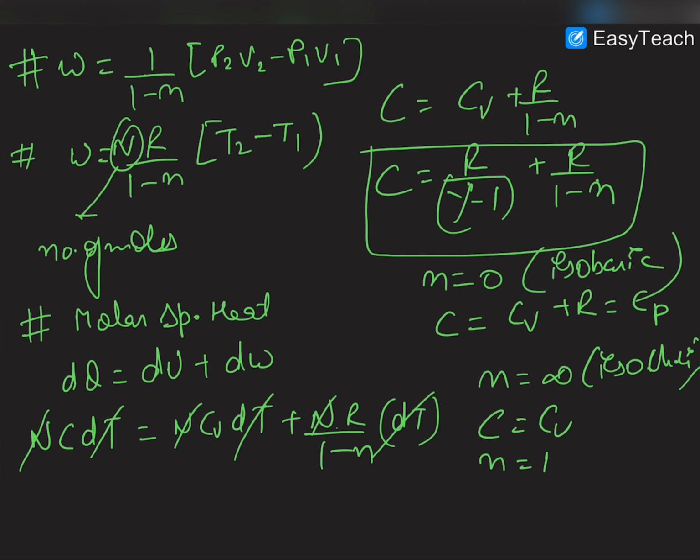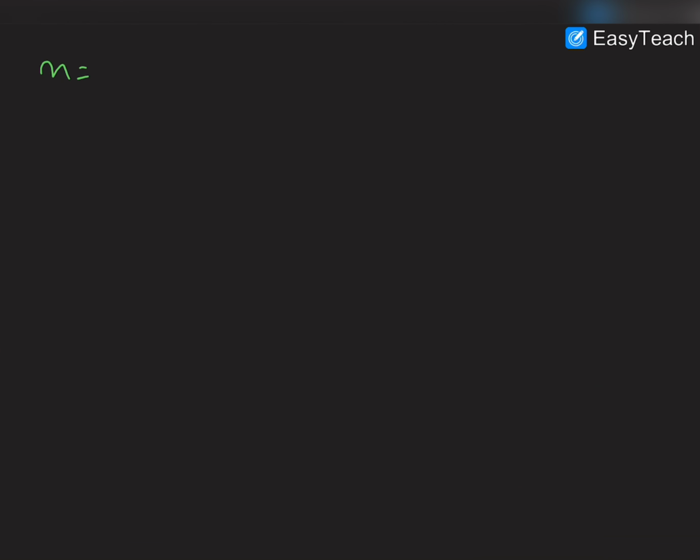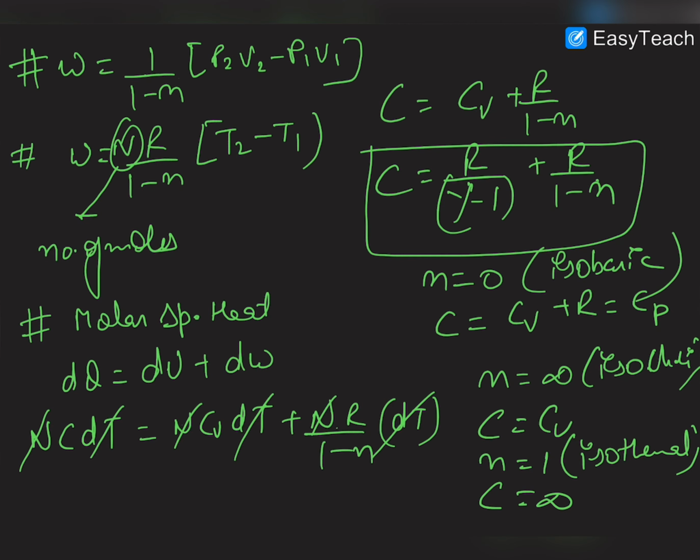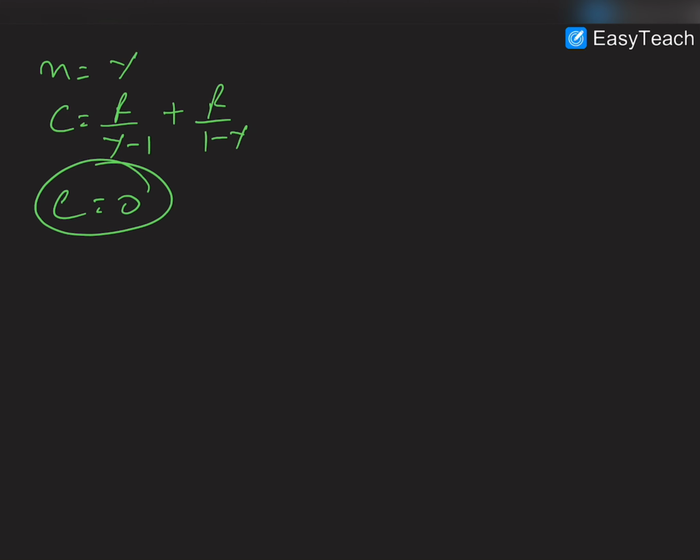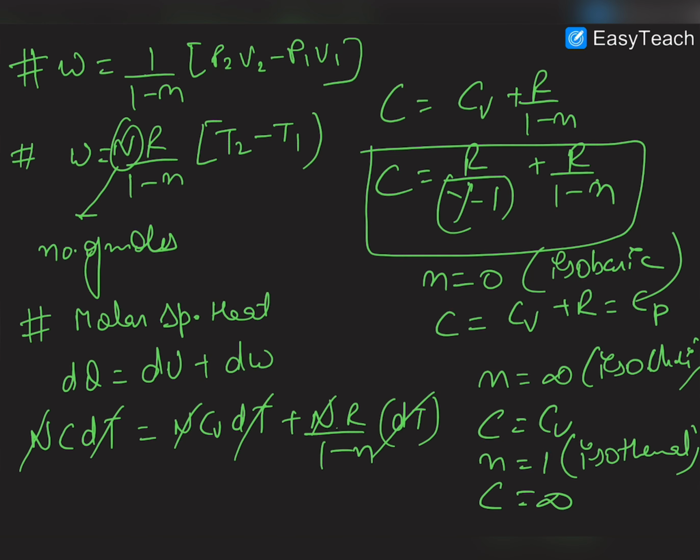And if n is equal to 1, that was isothermal process. If you substitute n is equal to 1 here, C will be equal to infinity. We know that for isothermal process, the specific heat is infinite. And if n is equal to gamma, then C will be equal to R upon gamma minus 1 plus R upon 1 minus gamma, so it would be 0. So this was the specific heat for polytropic process.